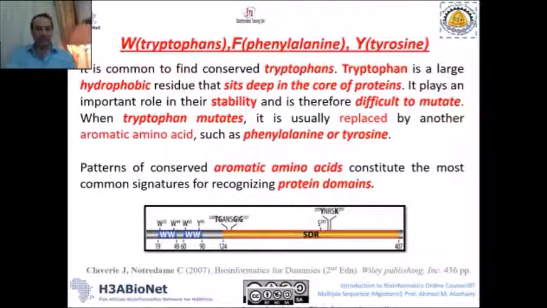That's why patterns of conserved amino acids constitute most of the common signatures for recognizing protein domains. So if you see these 3 amino acids, you can think that this is giving a genuine signal for a core of the protein.